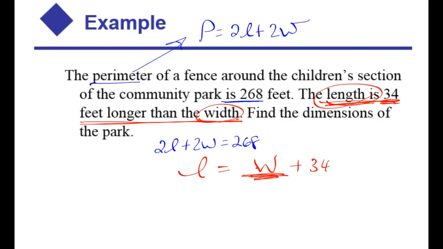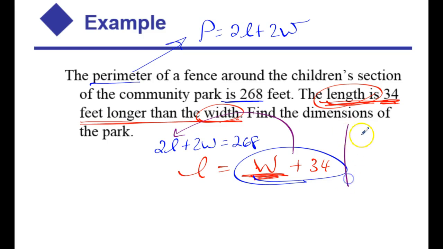Then, since the directions don't say solve this by linear combination, I'm going to revert back to the previous section, which is the substitution method. And the substitution, because this is set up beautifully for substitution, and we'll put it into this form. If the directions said use linear combinations, then I could do it by writing it as twice the length plus twice the width equals 268.